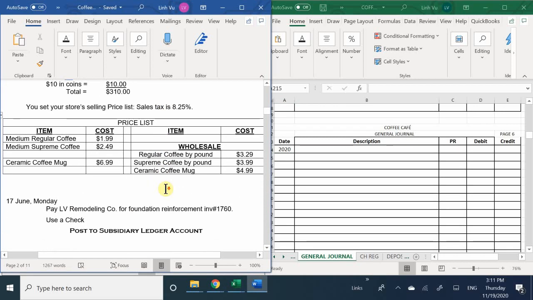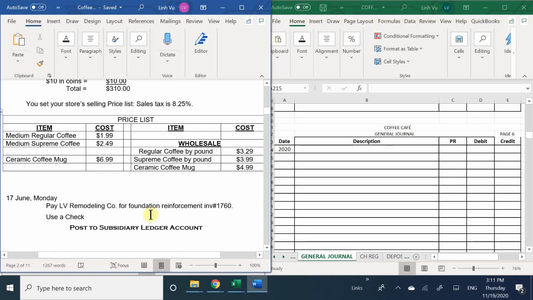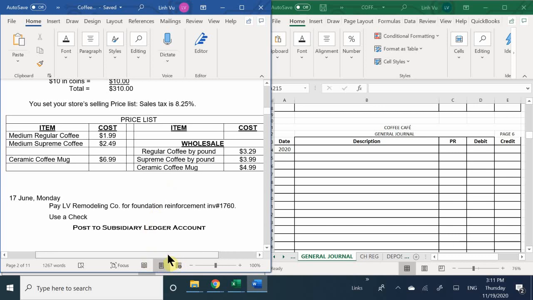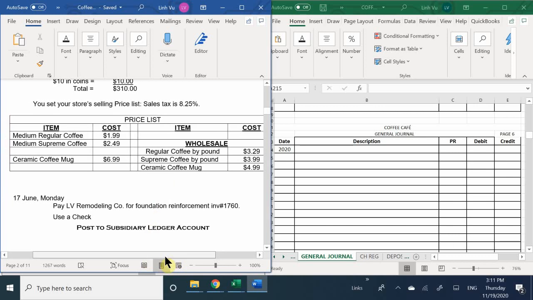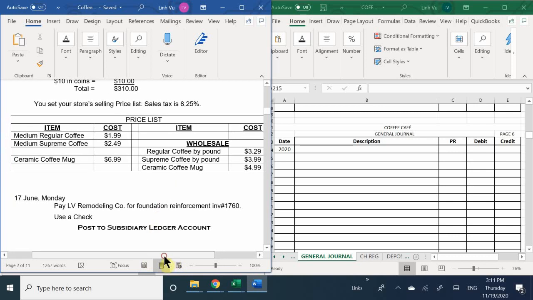Okay, so we have your store selling price list. Sales tax is 8.25%. When I start selling my items, I have two types of items that I sell. I either sell my medium regular coffee, or I sell my medium supreme coffees.